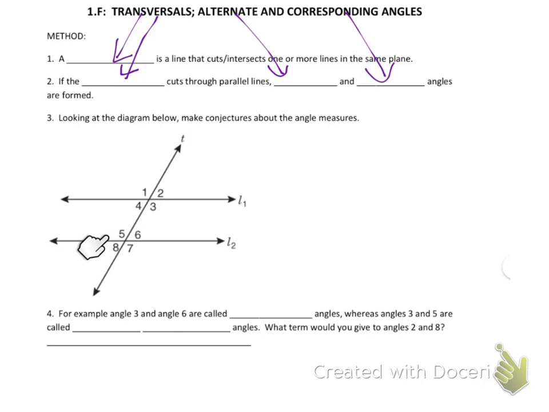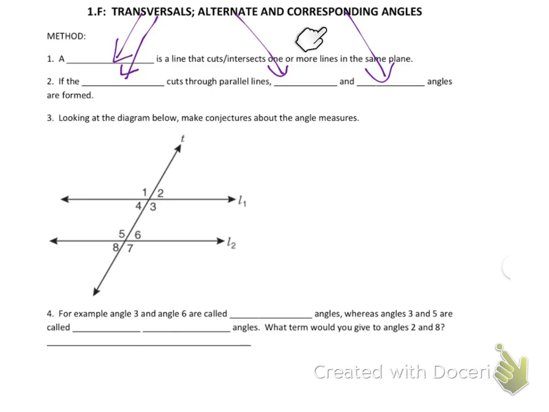Doesn't it look like the same angle? What about 2 and 6? I'd say they're pretty close. It's got a name, guys. The name for 2 and 6, 1 and 5, 4 and 8, 3 and 7. Those are called the corresponding angles.